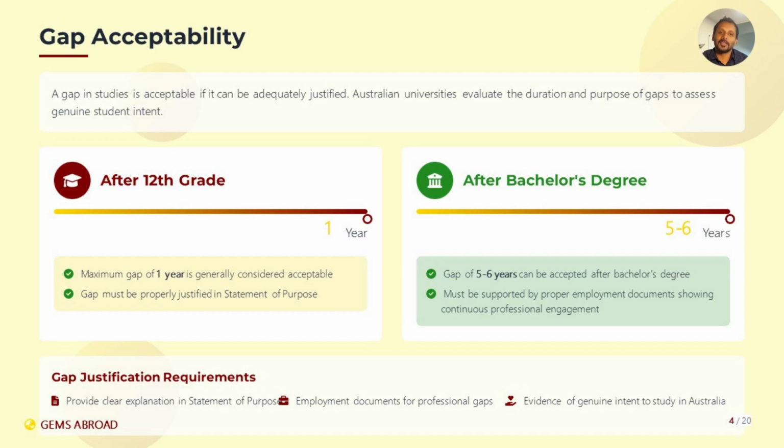For post-bachelor's degree gaps, Australian authorities understand career development periods, and gaps of 5 to 6 years can be acceptable with proper employment documentation showing career progression. The key is transparent documentation. Unexplained gaps raise red flags, while well-documented employment or other legitimate reasons for educational breaks are viewed favorably.